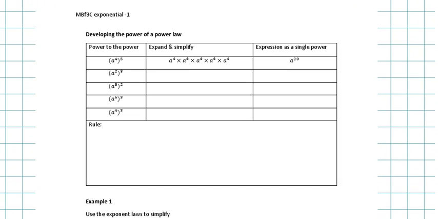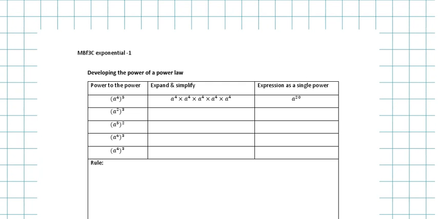Power of a power law. It's when you have something to the power and then to the power. So if you look here, I have a to the power of 4, and then all of it is to the power of 5. That means I have a^4 multiplied by itself 5 times. That's what this means, right? a^4 times a^4 times a^4 times a^4 times a^4.